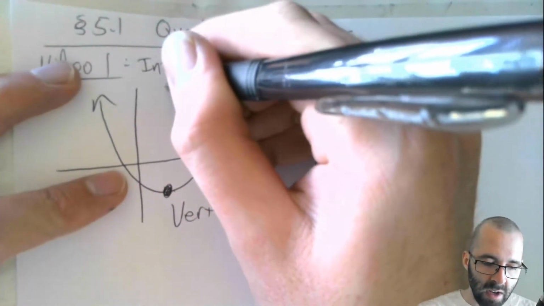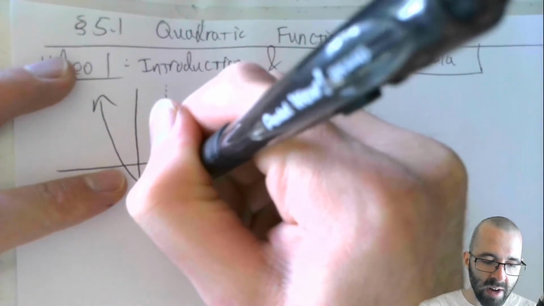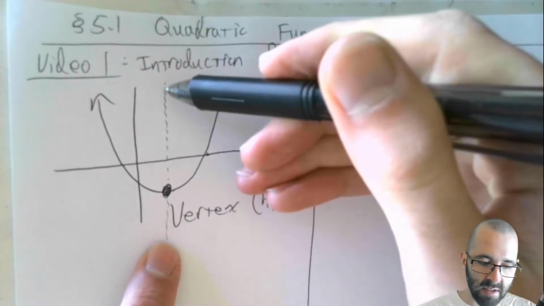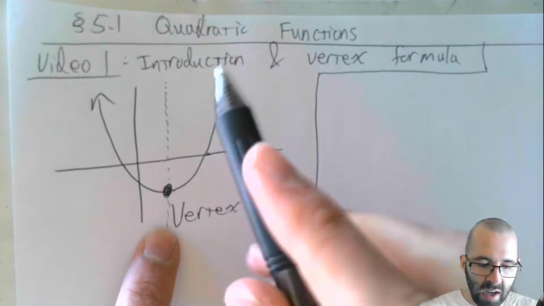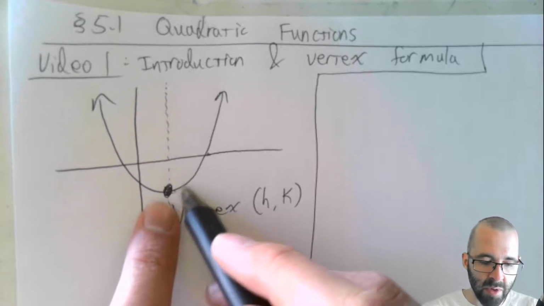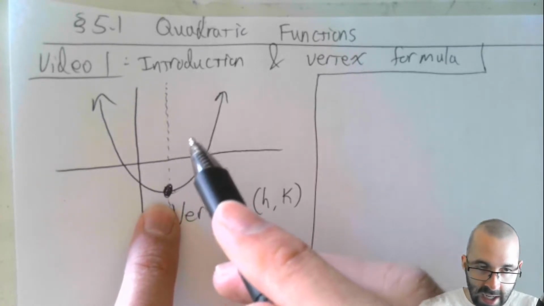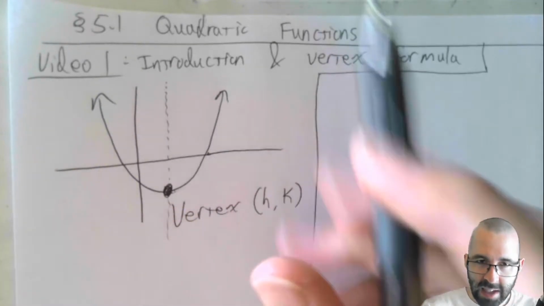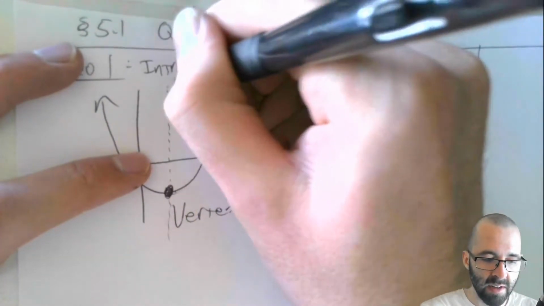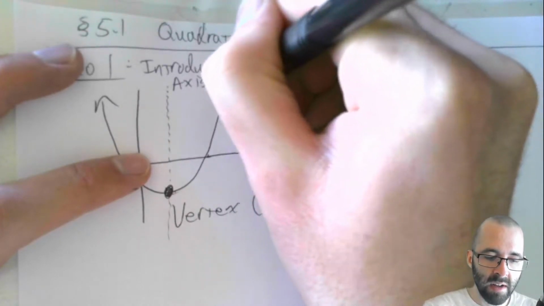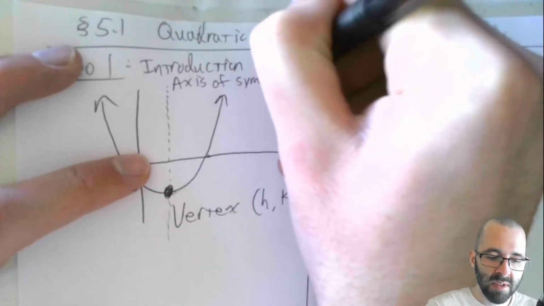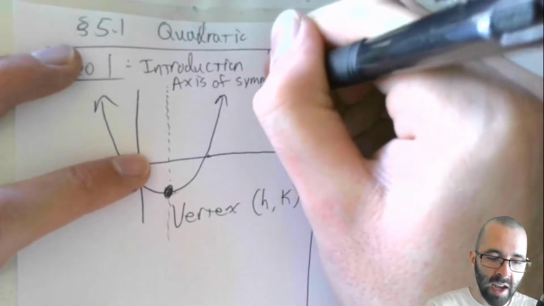Another thing we really like talking about is this line right here. Notice that this quadratic is the same to the right of the line as it is to the left of the line. It's symmetric about this line. We call that the axis of symmetry. A lot of times I'm going to abbreviate that AOS.